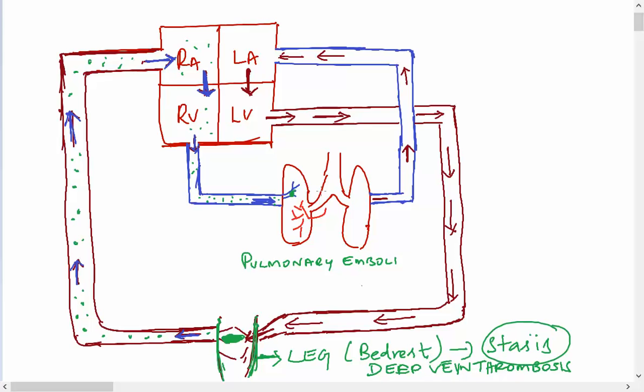But if the pulmonary artery itself gets blocked, understand, the main artery is blocked, then there is so severe ischemia that the lung cannot withstand it, and the lung will go for injury.